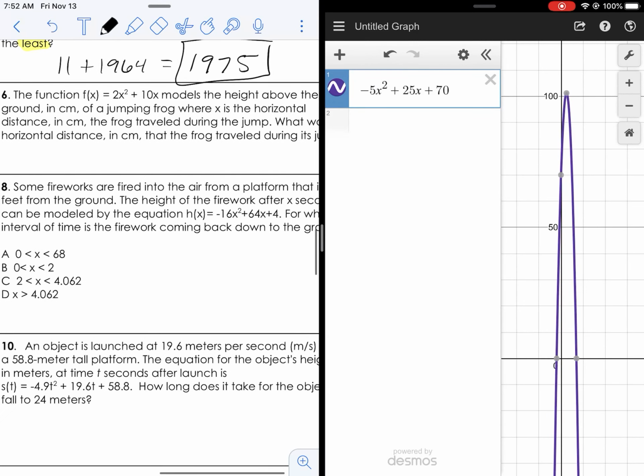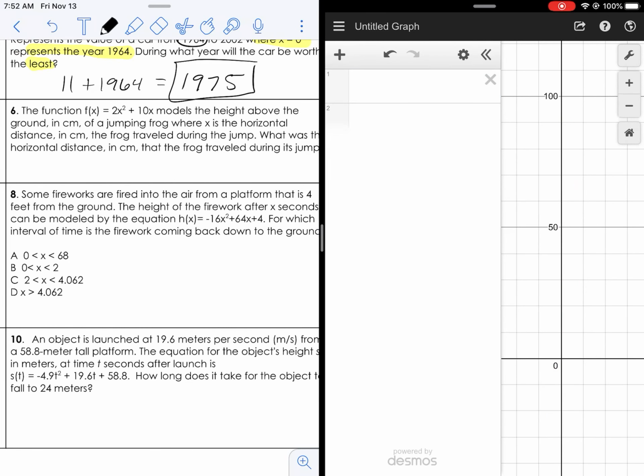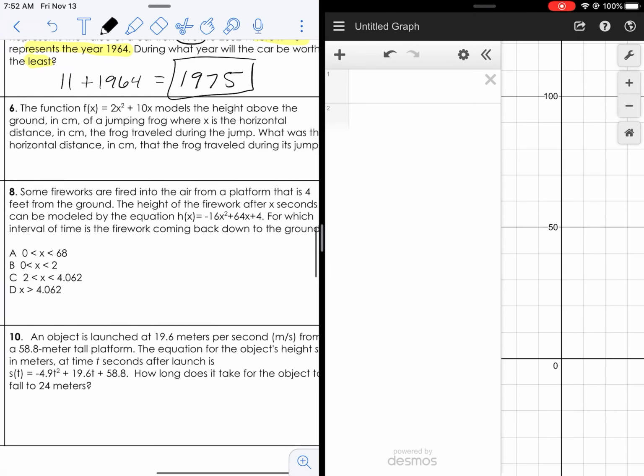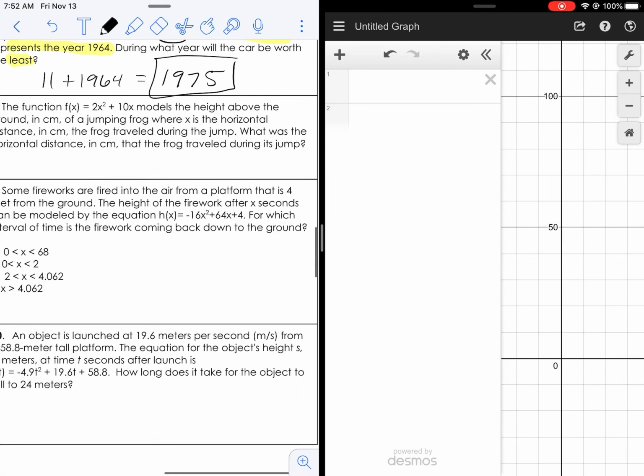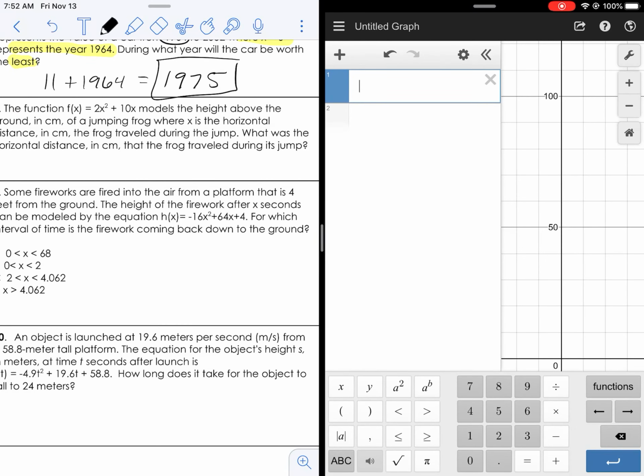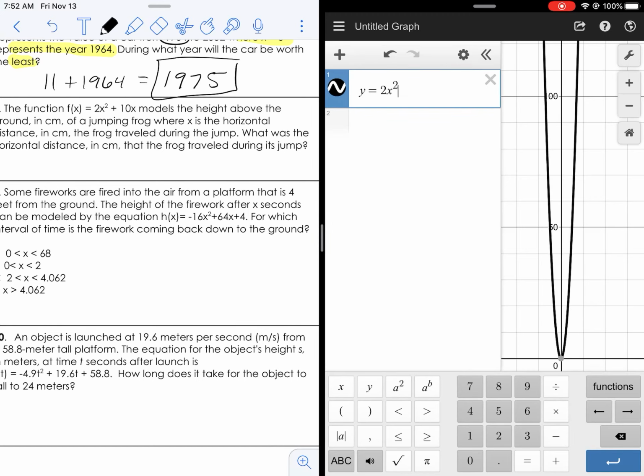Number 6, the function models the height above the ground of a jumping frog, where x is the horizontal distance. What is the horizontal distance that the frog traveled during its jump? Okay, so y equals 2x squared plus 10x is going to be our function.